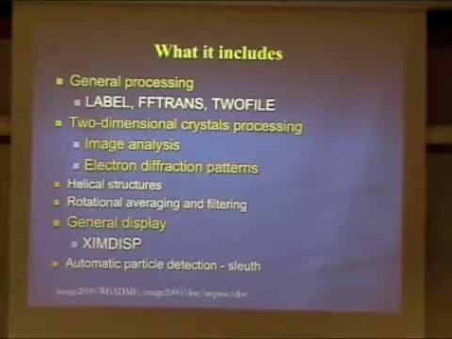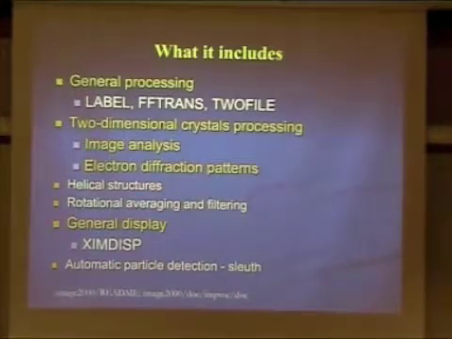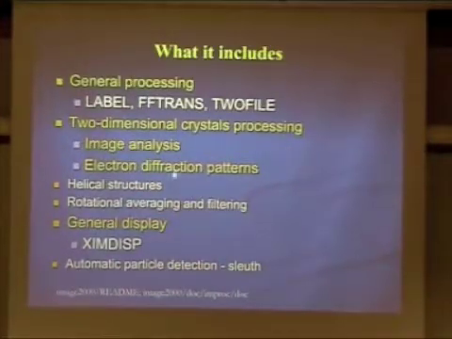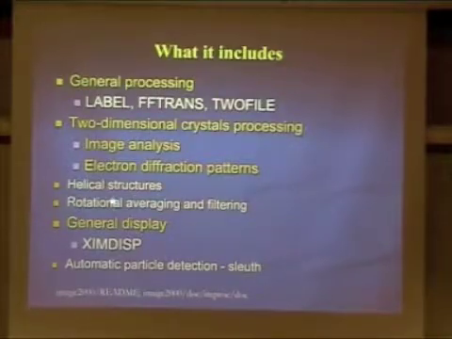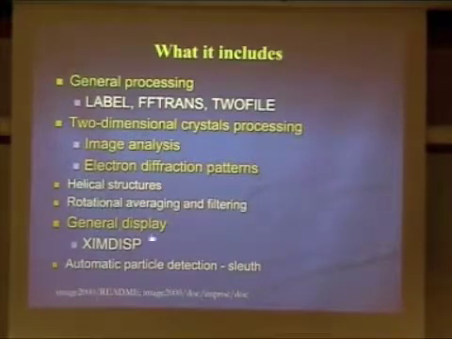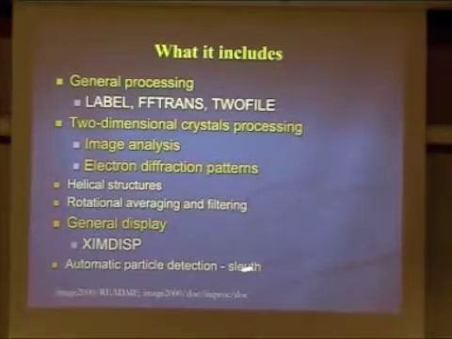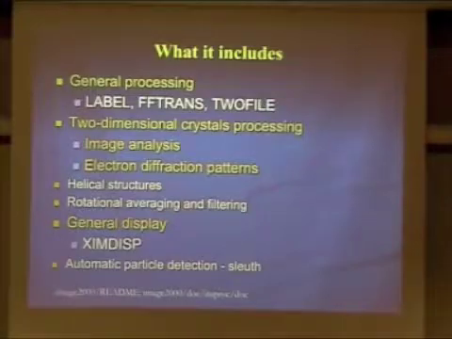It also has processing programs for electron diffraction. Other than that, there are ones for helical reconstructions, things for single particles as well. And they keep on adding new things. Some of the new ones, for example, I think were added in 2005.